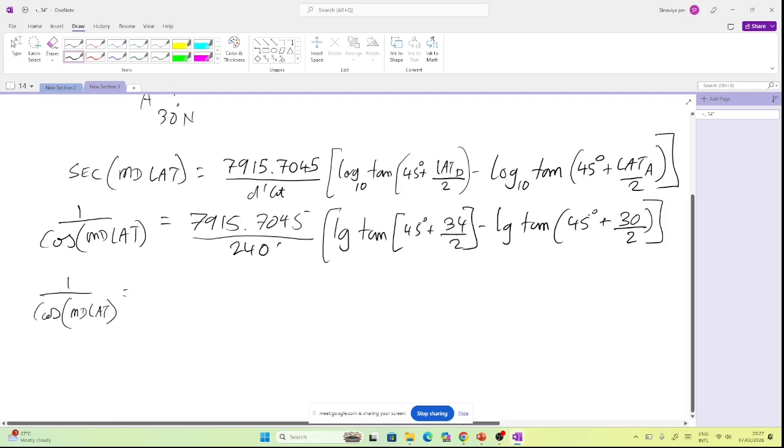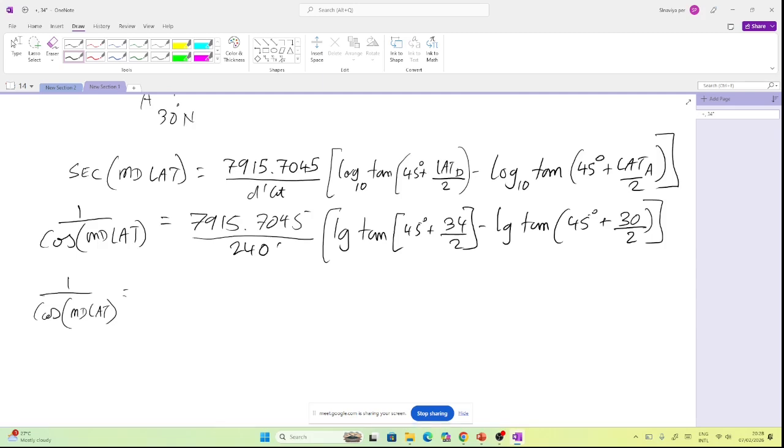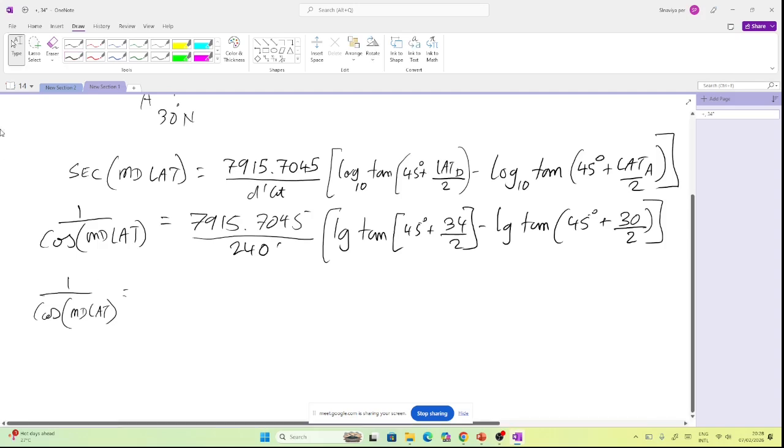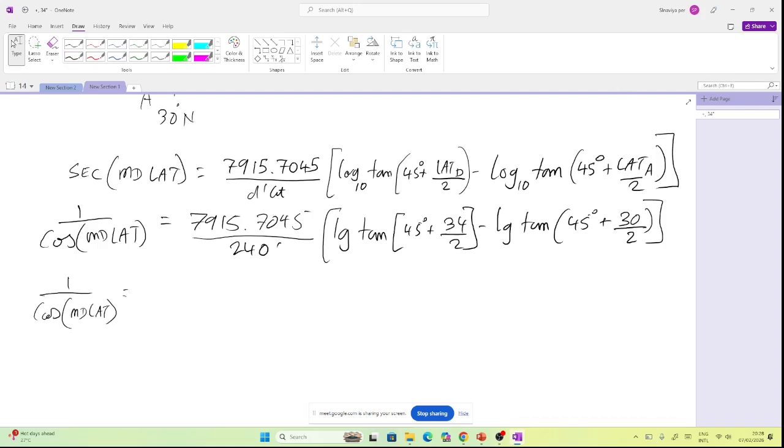Unfortunately, I don't have my scientific calculator, but anyway, let's see. We can do it. If somebody can get the answer, please write the answer here.